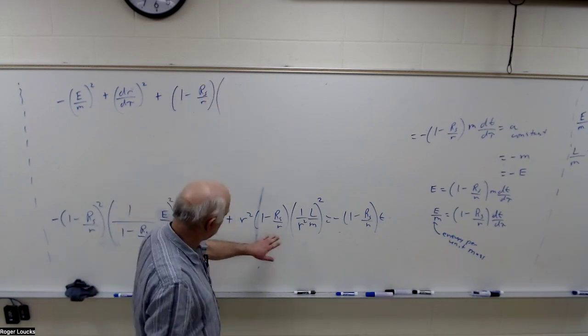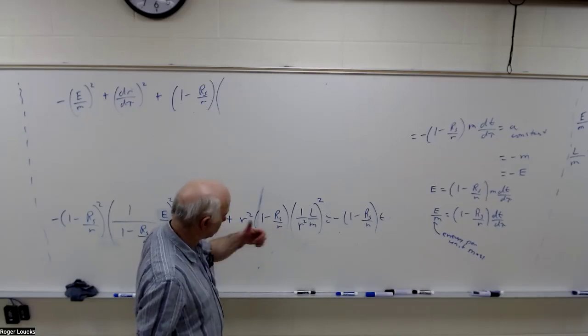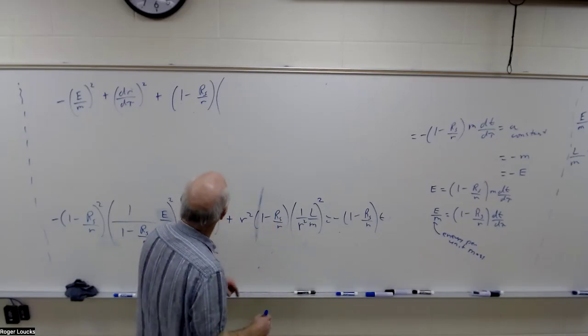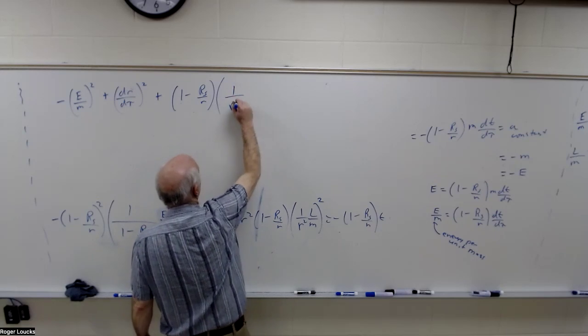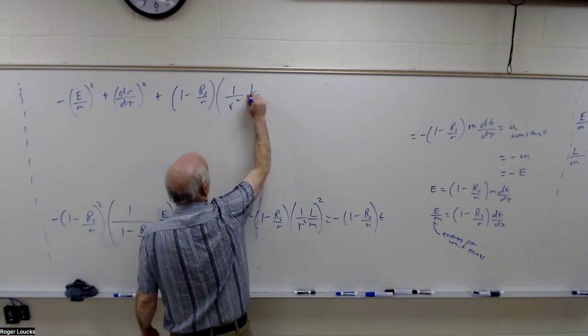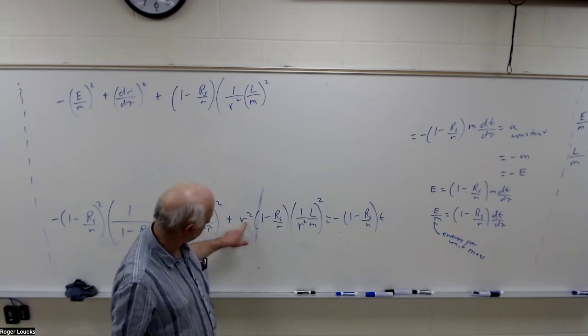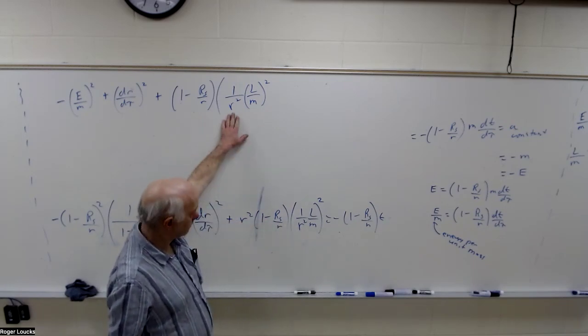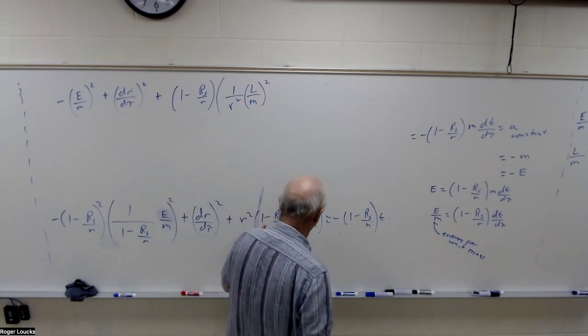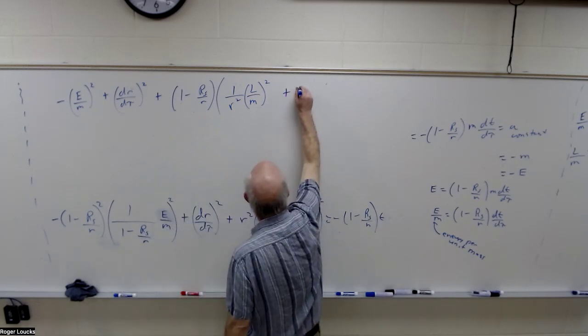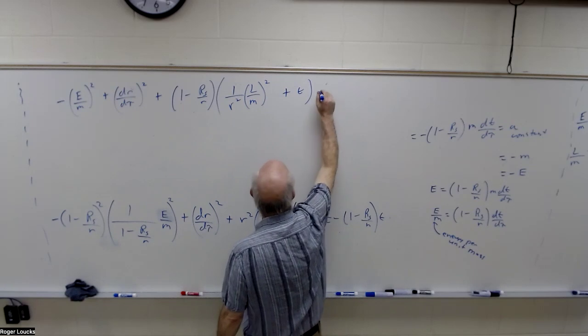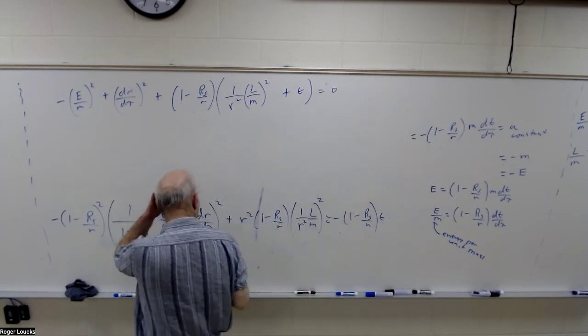I'm left with this times this, and you can see there's some simplification here. This will leave me with 1 over R squared, L over M squared like that. Right, because this comes in squared, this goes to the fourth, so that gives me this term. And if I put this over here, this gives me then plus epsilon.